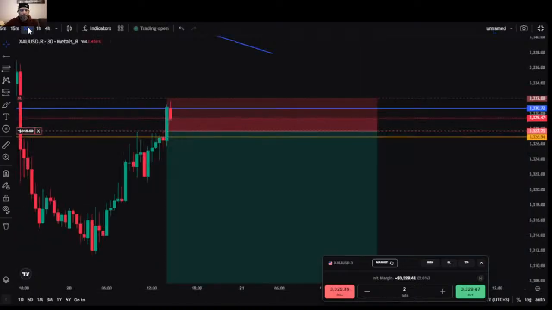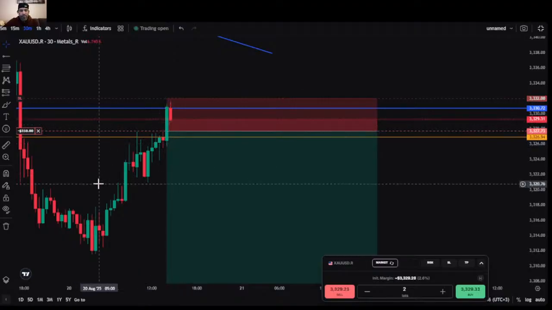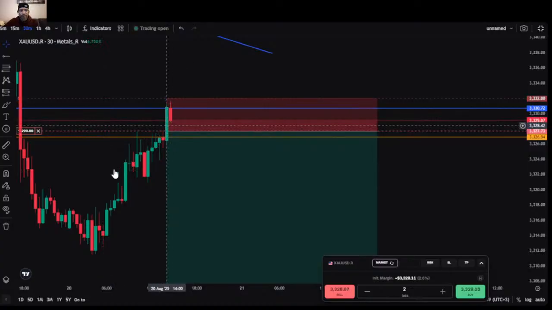Yeah, 30 minutes flipping bearish here. Yeah, we're only right now, what, 15, 14 pips in drawdown. It's starting to come back down a little bit here.